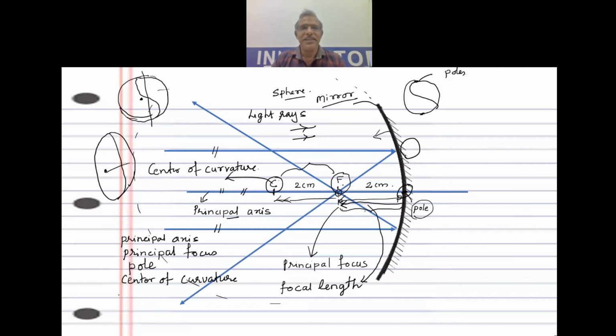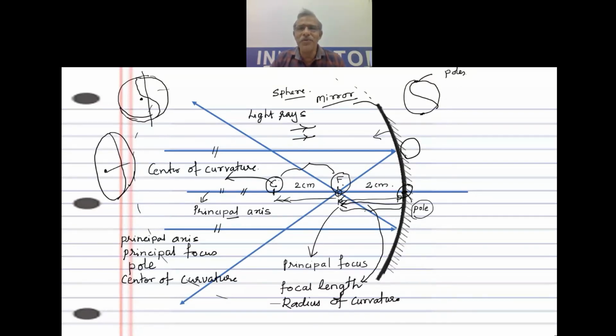Next thing which I am going to tell you now is, look at this radius of curvature. And what is the radius of curvature?